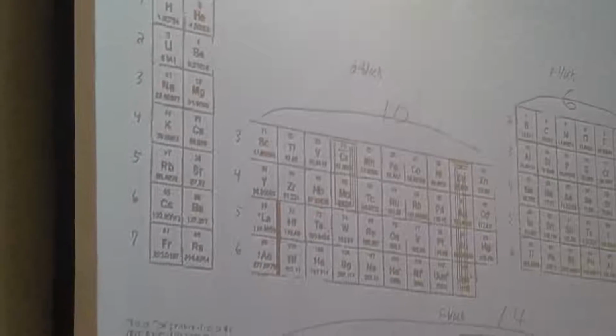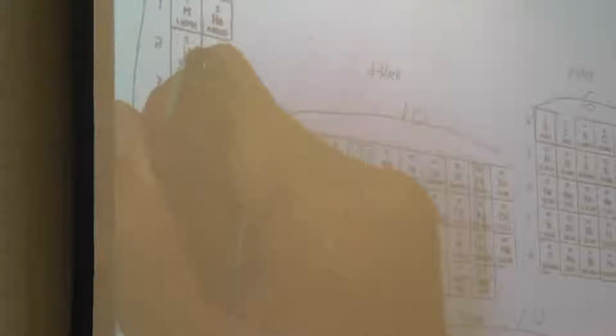Not coincidence. The way that this is laid out is every element in this section has their last electrons in an S sublevel, and therefore it's called the S block of the periodic table, followed by the P block, the D block, and the F block.